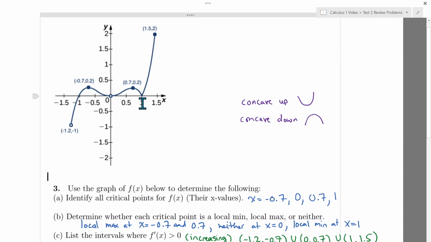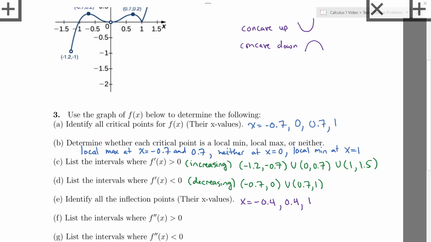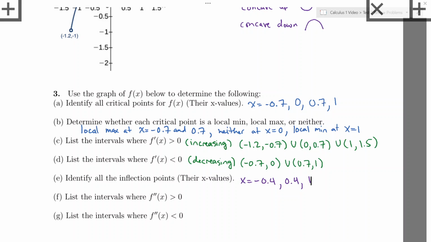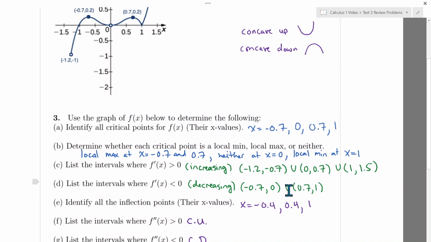So it also has to change concavity here. So we have an inflection point at x equals 1. Okay, so the graph has 3 inflection points, and then F and G again is determining concave up and concave down. Second derivative positive means it's the concave up shape, and second derivative negative means it's the concave down shape.